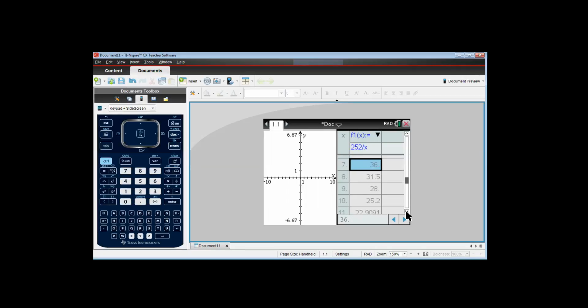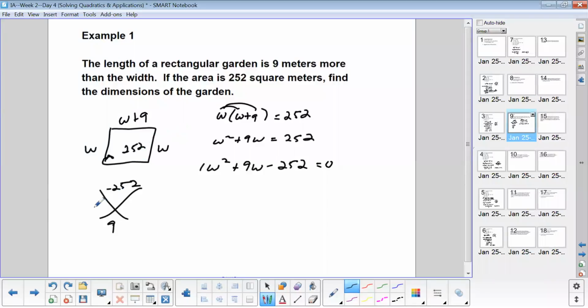The difference would be 9. And right here I see 12 and 21, and that difference would be 9. So I would have 12 and 21, and it has to add to give me positive 9, so this would be positive, this would be negative. Since A is 1, you would have W minus 12 and W plus 21 equals 0.